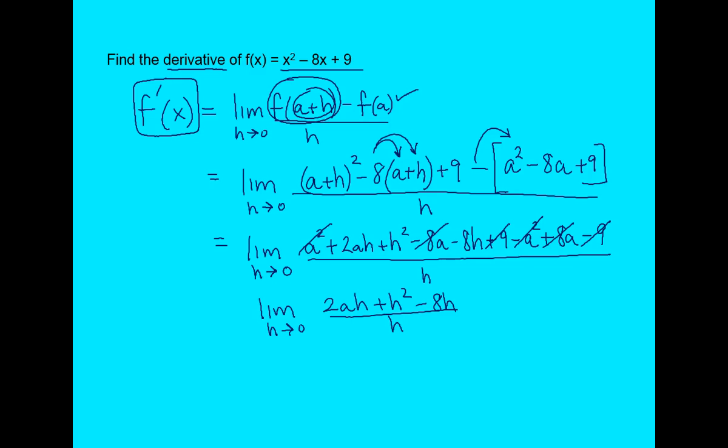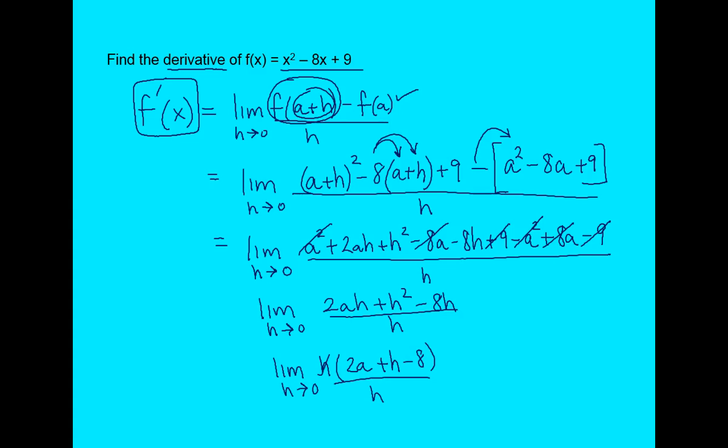Now if we tried direct substitution at this point, you see we would get 0 over 0, the indeterminate form. But we recognize that we could factor out an h. So we'd have h times 2a plus h minus 8, all divided by h as h goes to 0.